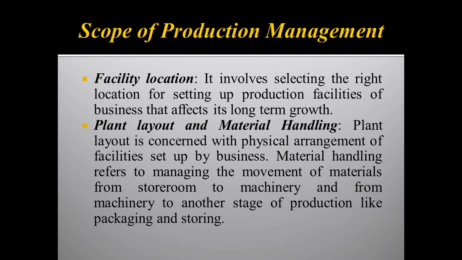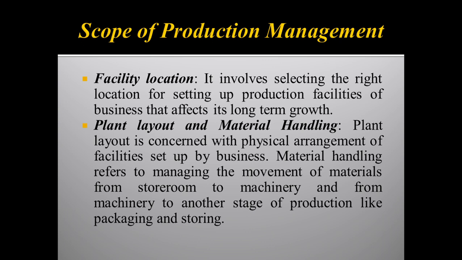Next is plant layout and material handling. Plant layout means the overview or the overall structure of a plant or the premises where the company is going to manufacture the product. So it is concerned with physical arrangement of facilities set up by the business.